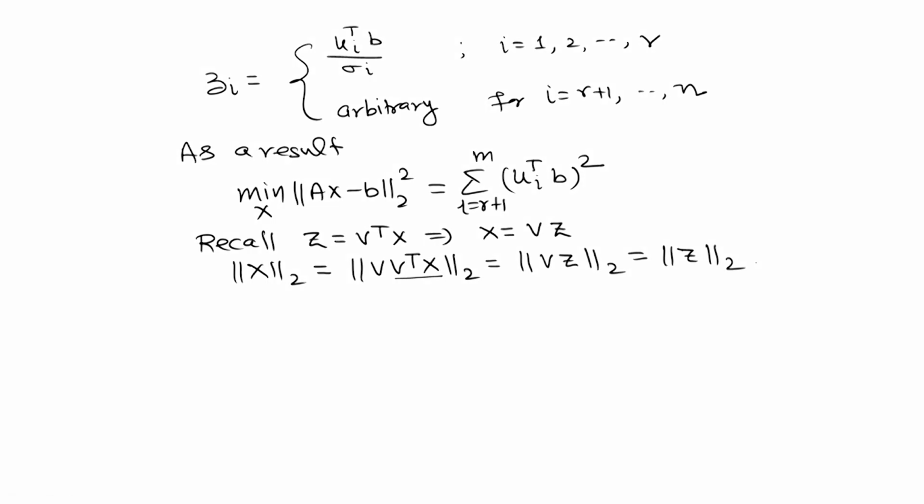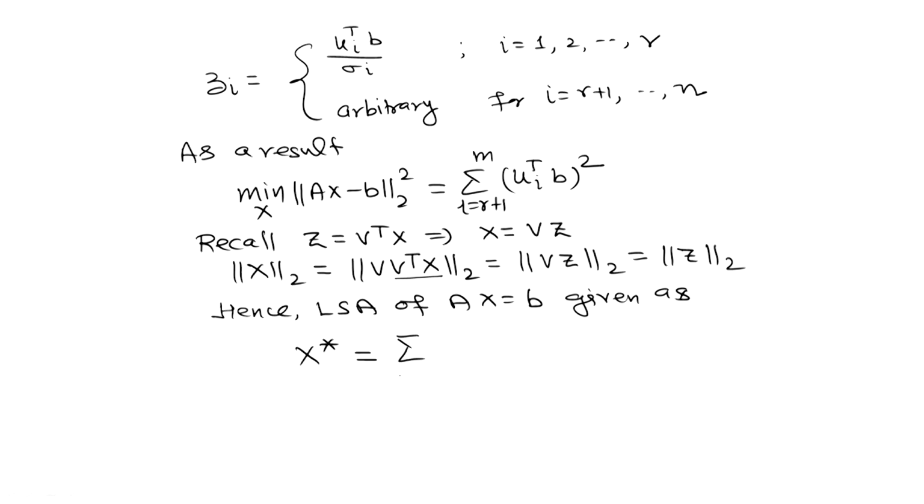So, from here I can write: hence the least square approximation of Ax equals b is given as x star, that is the solution, the sum from i equals 1 to r of u i transpose b upon sigma i, this is my z i, and then into V i, because z equals V transpose x.